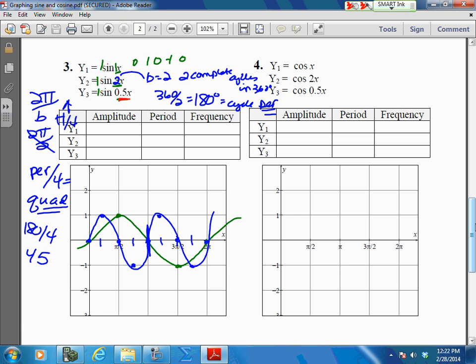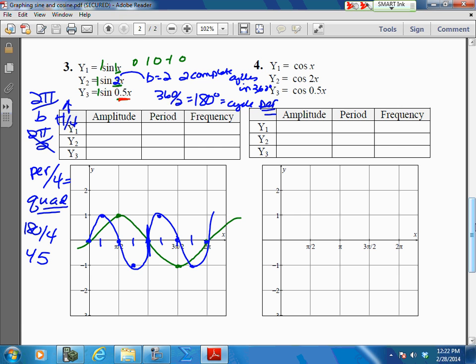What does that mean? What do they want when they say 1/2 for a frequency? Half of my curve in what time? 360, right? So if half of my curve goes in 360, how much does it take me to complete the other half?